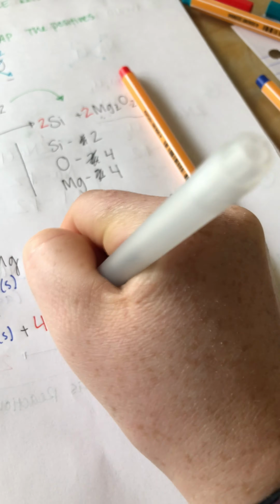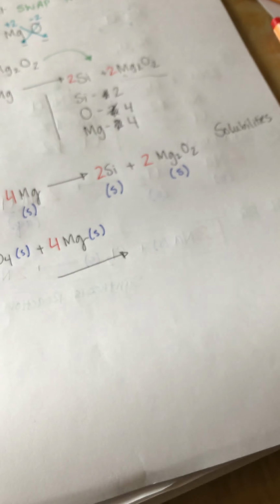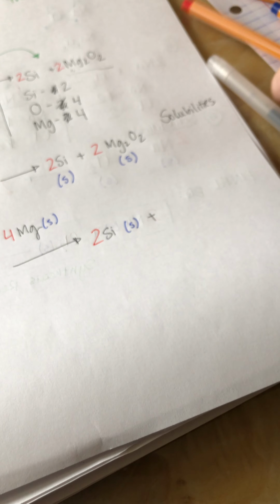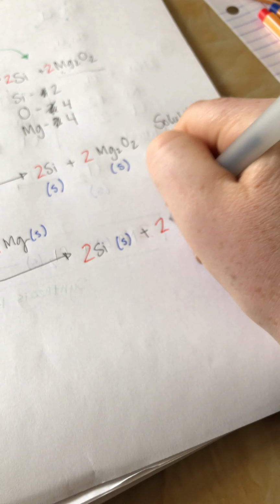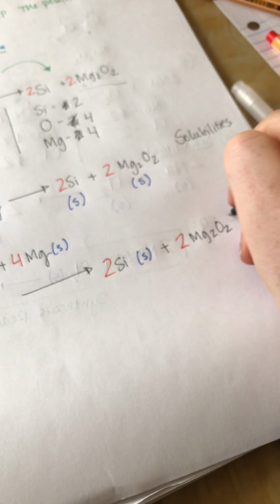Si2O4 solid plus 4 Mg, also a solid, turns into, I just jumped down because there's not enough room, 2 Si solid plus 2 Mg2O2 solid.